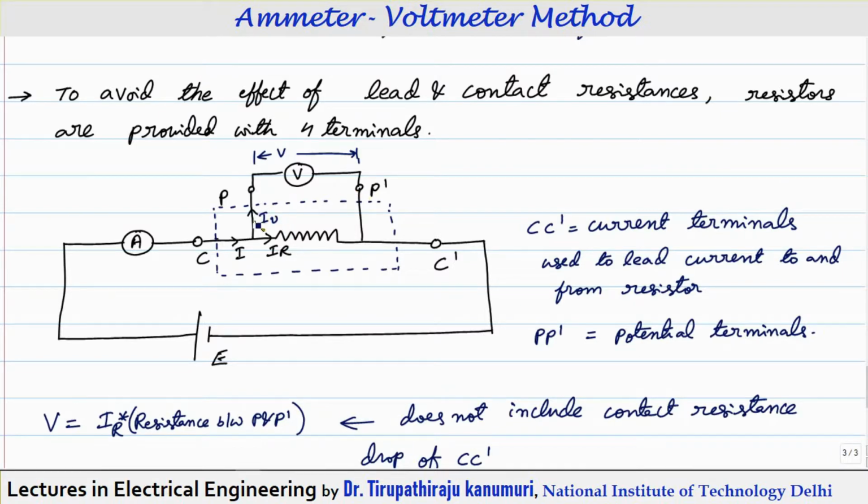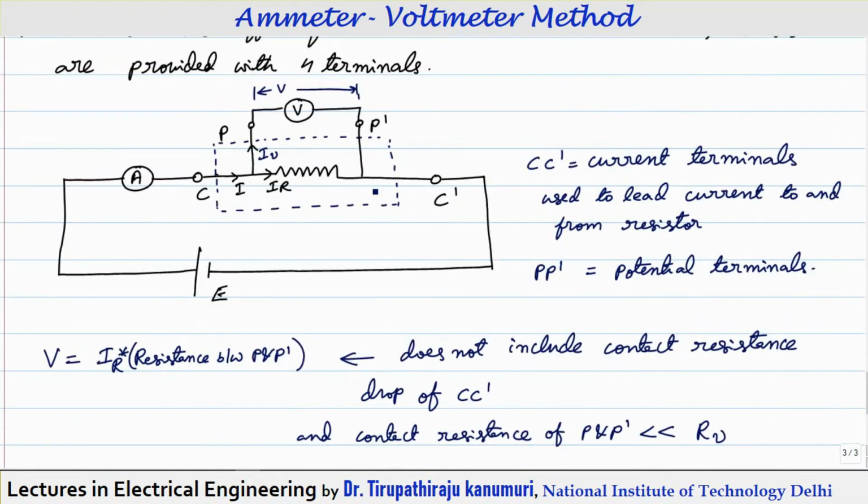But practically we know the value of IV is very less, or otherwise we can say the resistance of the voltmeter is far higher when compared to the resistance of these leads or contact resistance. So the voltage drop measured by this will be neglected, because the voltage drop across the voltmeter resistance will be far greater than the voltage drop across these leads. Getting it? So that's why it doesn't measure the voltage drop happening in these leads and this contact resistance. So that's why the accuracy of measurement will improve.